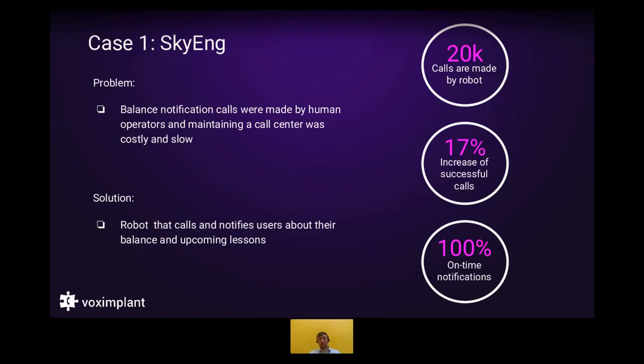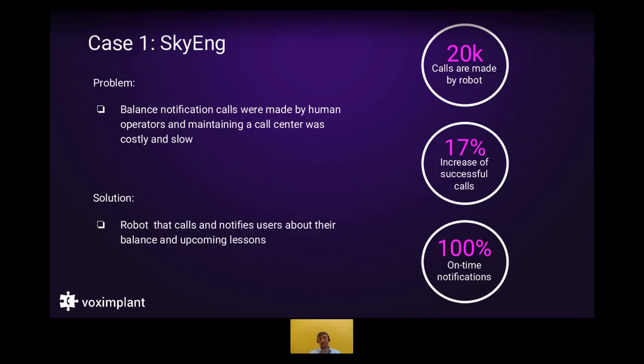So they have created a voice bot using Voximplant Kit, and this has resulted in on-time notifications, because you can adjust a voice bot to remind the person like 1 hour before the class, and then if there is no answer, it can call again in 15 minutes and so on.